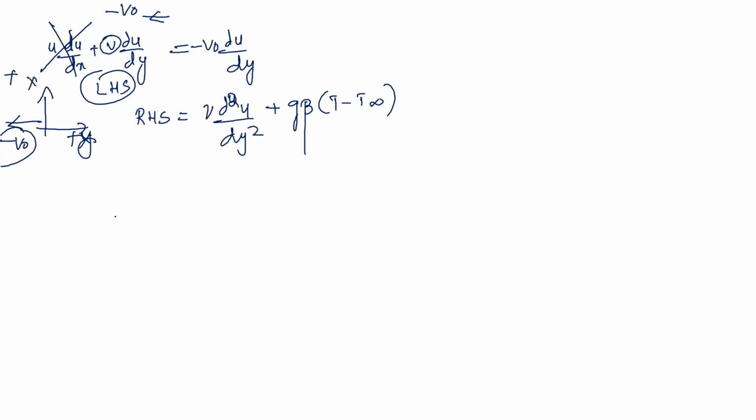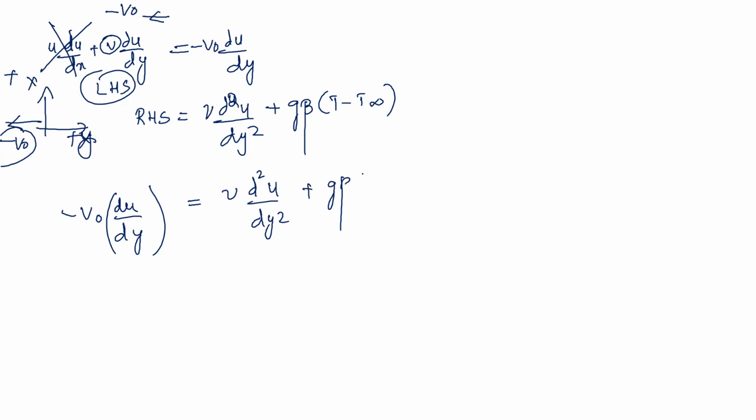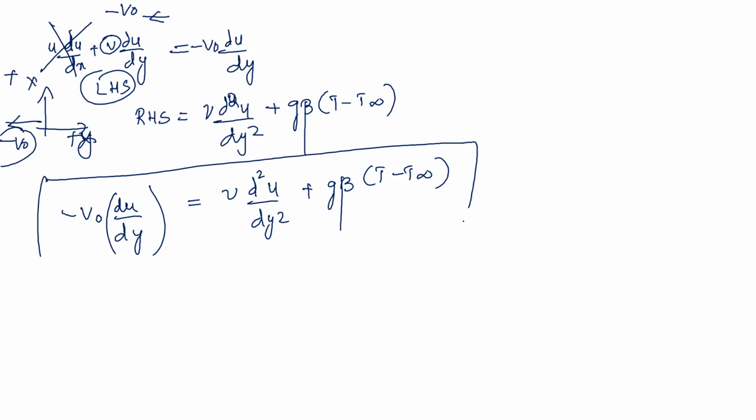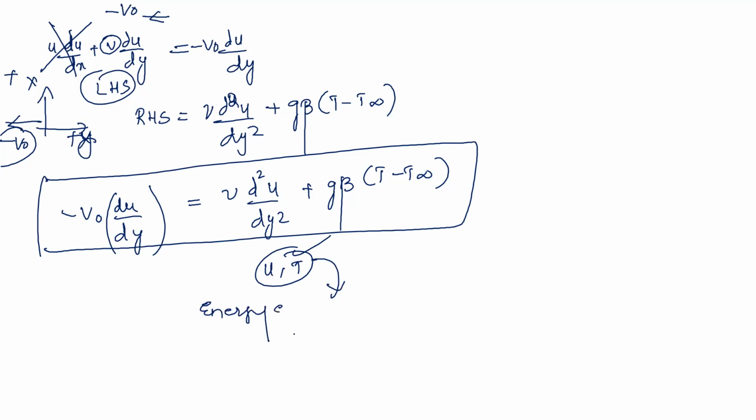So the momentum equation actually changes to minus VO du by dy equal to nu into d square u by dy square plus g beta into T minus T infinity. So you can see here the unknown quantities are u and T. We don't know the value of T, so for that we need to go to the energy equation, the conservation of energy equation.